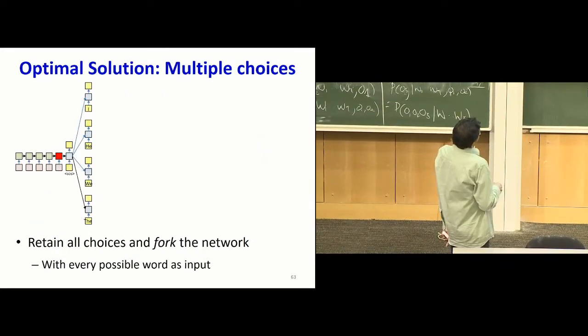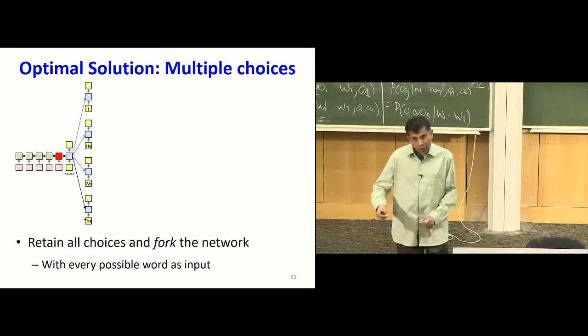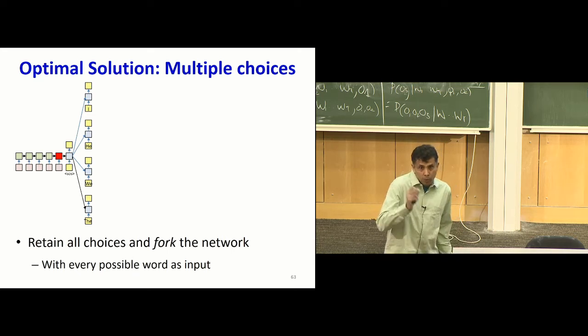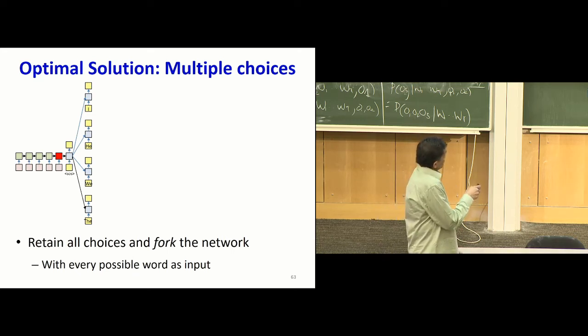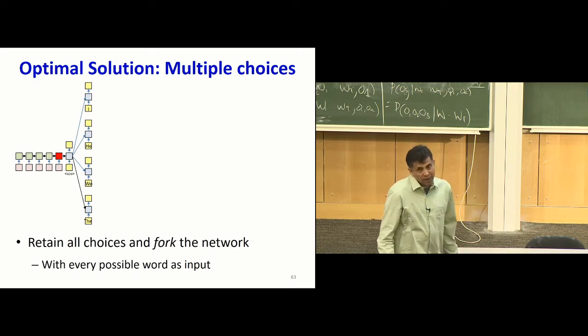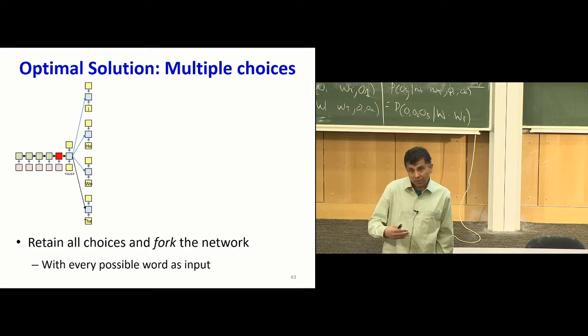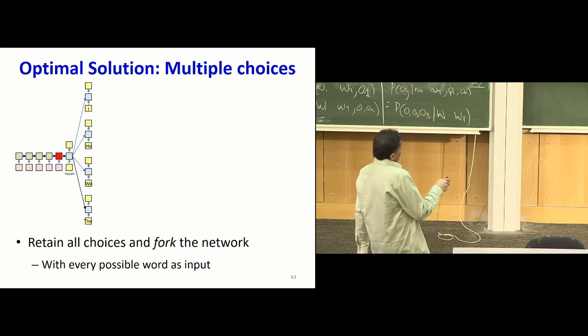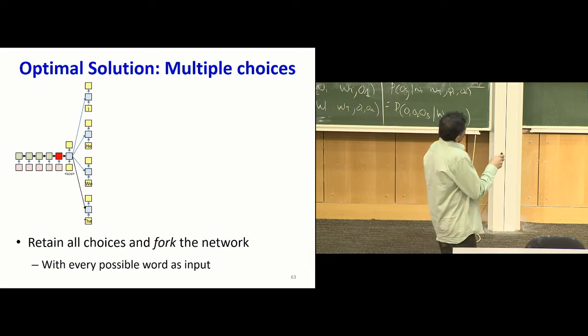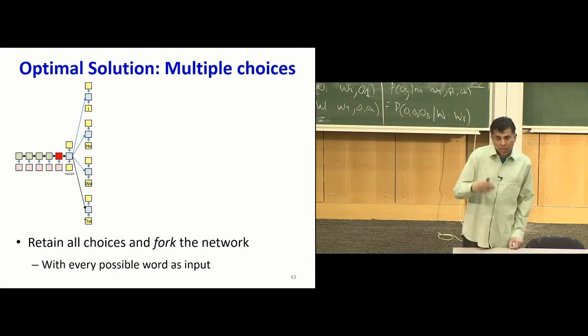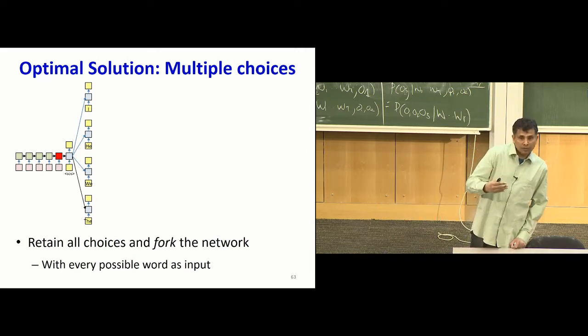Once you're done encoding the input, at the first time you would get a probability distribution over all words. Now instead of picking one of the words, you're going to clone the network. If you have V words, you're going to clone the network V times. And you're going to pass every one of those words to the network. So each word is going to go into a different copy of the network.